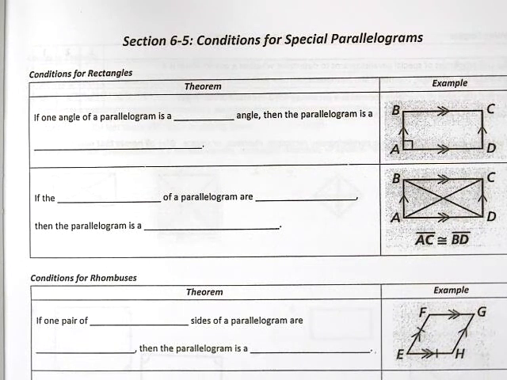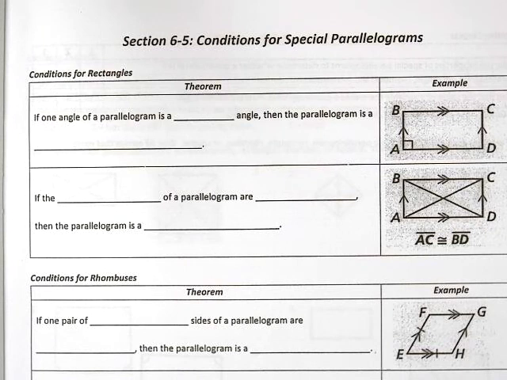We're changing from the properties of special parallelograms to conditions for special parallelograms, and that is just a fancy way of saying that we're changing from "if parallelogram, then blank property" to "if blank condition, then special parallelogram," excuse me, sorry.